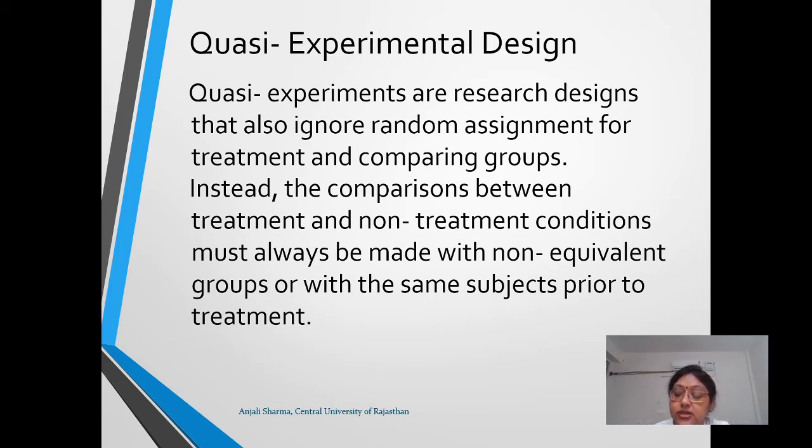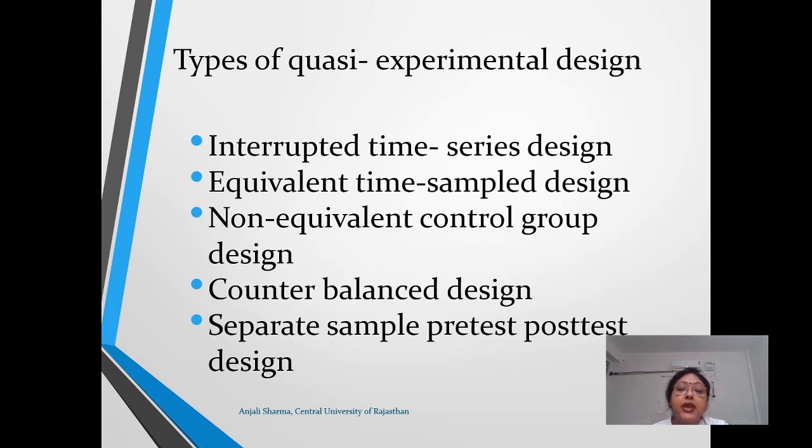The quasi-experimental design is a quite familiar and adopted design, because in social sciences and field research studies, sometimes it is difficult to adopt the experimental condition in actual. So to avoid all these things, we generally use the quasi-experimental design.